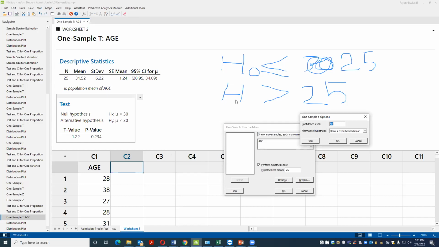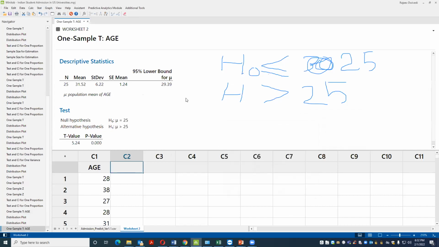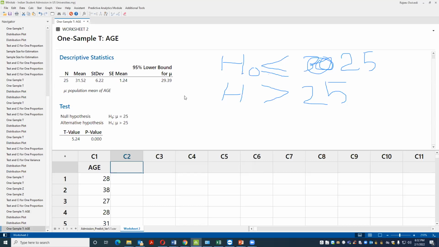Our alternative is that the mean is greater than the hypothesized mean. Now I run it. What do you see? The T value is 5.25 and the p-value is 0.